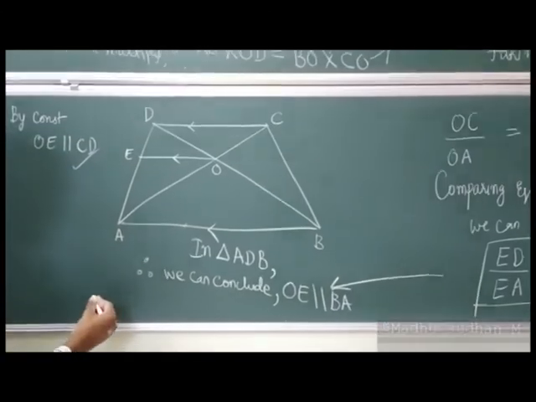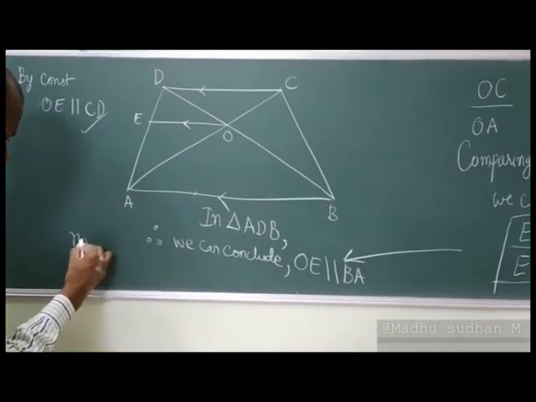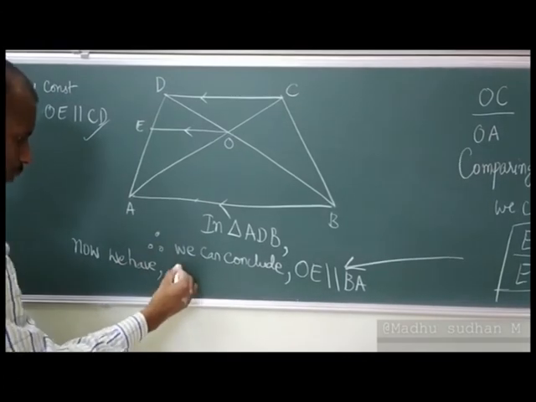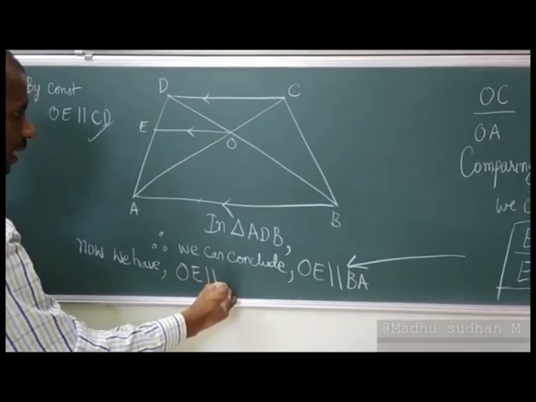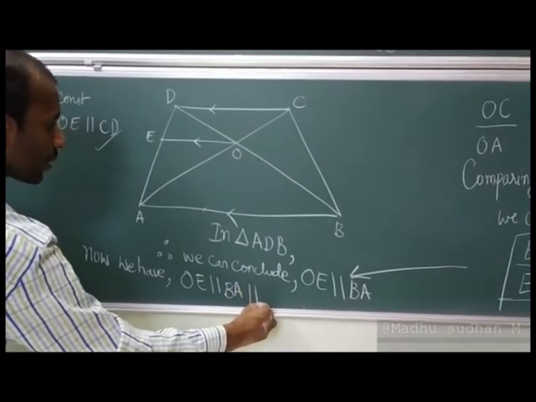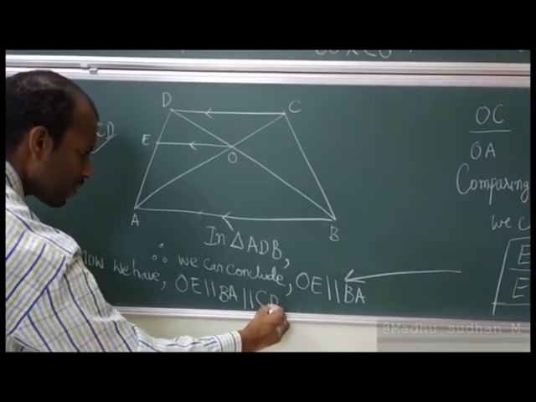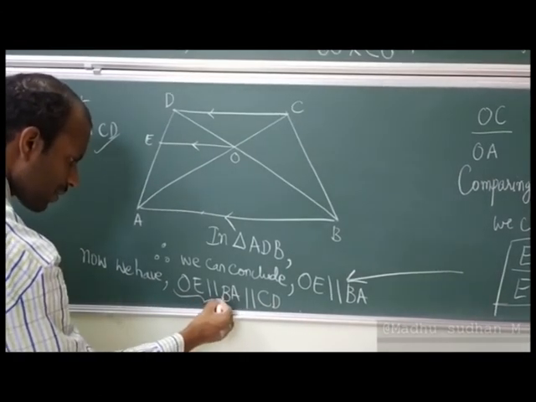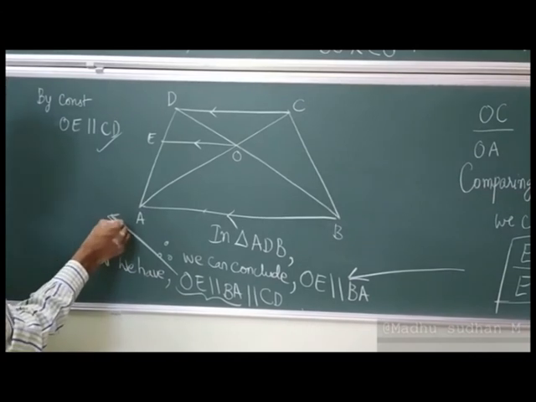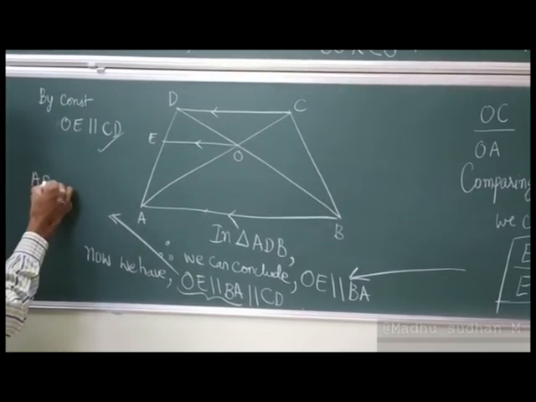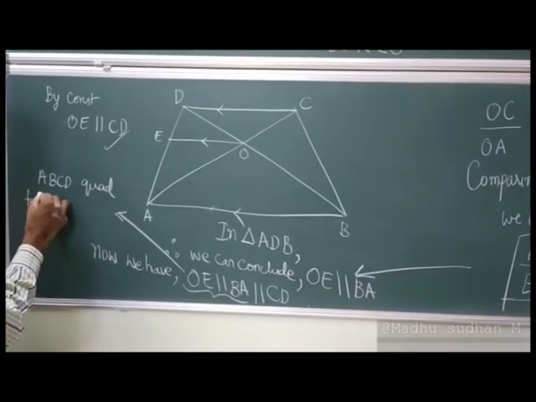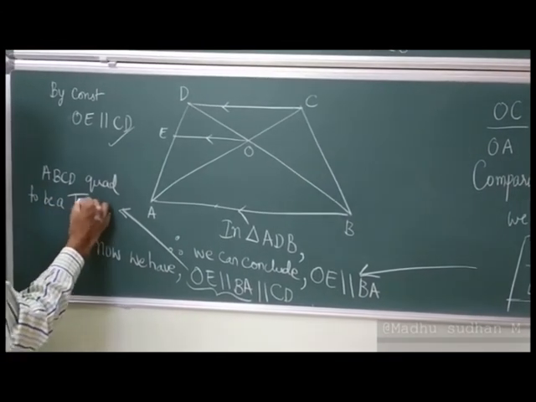So we can write OE parallel to BA, and this is parallel to CD. Followed it? And this is the necessary condition for ABCD quadrilateral to be a trapezium.